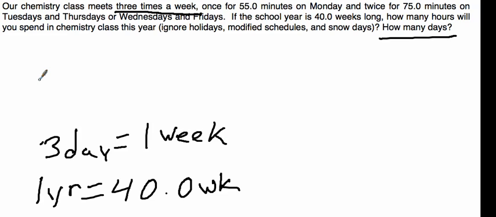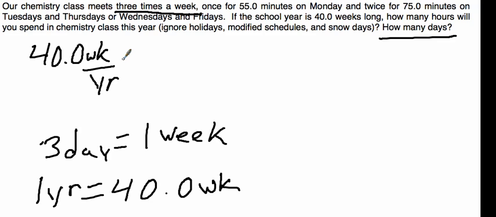I know some people might be saying it's very obvious algebra, you just multiply them together. Again, you have to take a little step back to use dimensional analysis. It has to be rationalized. It has to be proven on paper. You have to see the canceling. So if we have 40.0 weeks in a year, and I want to know how many days are in a school year, I can use 1 week is 3 days.